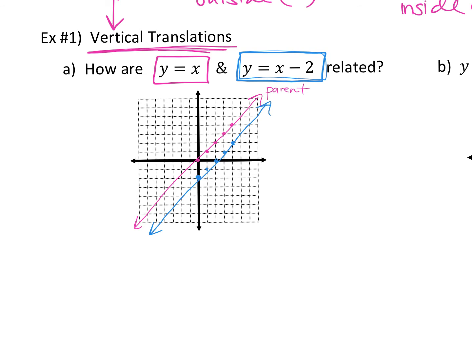Okay, so the question is, how are they related? We would say it shifted down 2, right? That's what this is telling us. That minus 2 is saying go down 2 from the parent function. Does that make sense? Yes. Thank you.